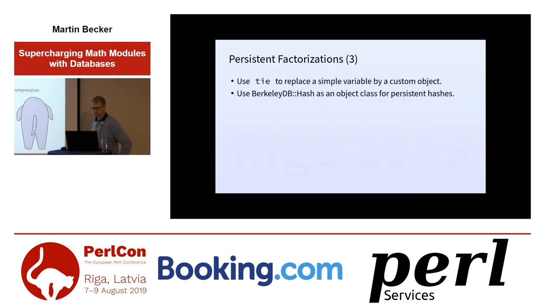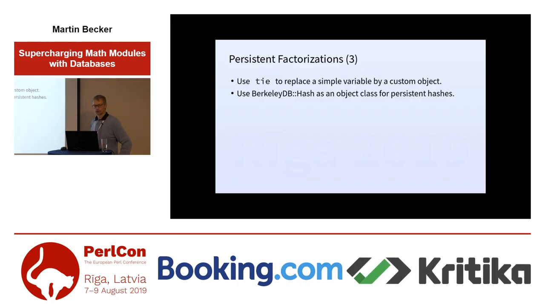Now, one approach is to use Berkeley DB. Berkeley DB is a C library that puts data in files, and you can use it as a simple database. And Perl has had support for this since the beginning.